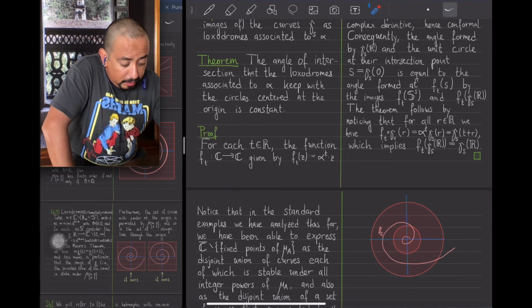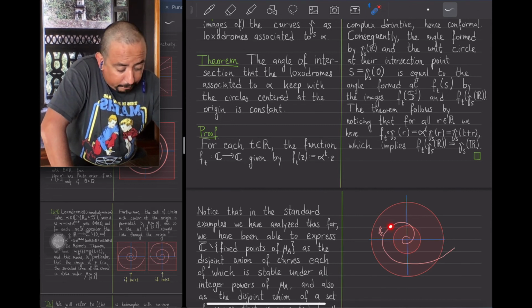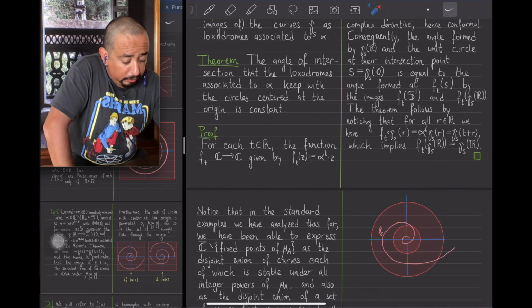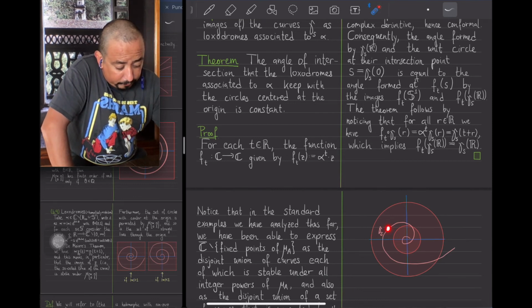And moreover, if I fix a point in the loxodrome, then every other point in the loxodrome can be obtained by multiplying this given one by some appropriate real power of alpha. In other words, everything can be written in terms of any given point of the loxodrome by multiplication by real powers of alpha.